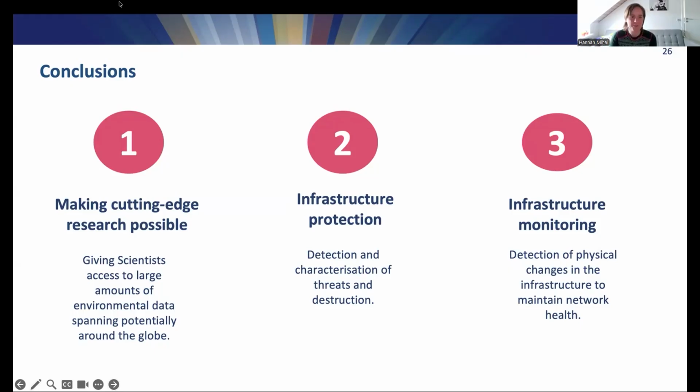NRENs are interested in fibre sensing because they want to make cutting edge research possible. They want to give scientists access to large amounts of data. For a lot of them, it's an absolutely fascinating new instrument that gives them a lot more coverage than they had before.